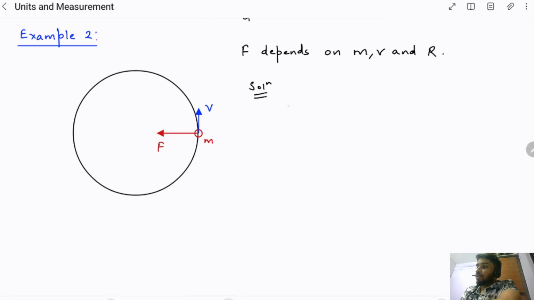So the first step is that force is proportional to mass to the power x, speed to the power y, and radius to the power z.